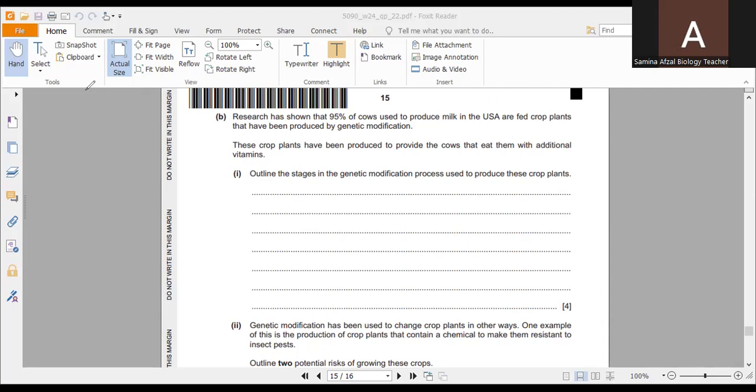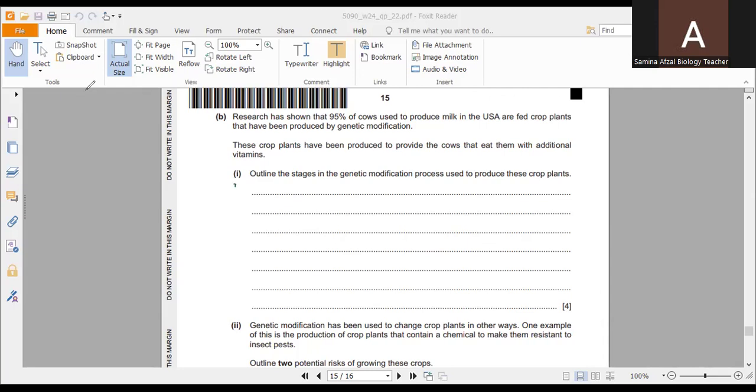Genetic modification is also a process of producing high quality offspring, which are genetically modified, and the characteristics are according to our desire. So the first step is that we have to identify the organisms which have the desired genes.